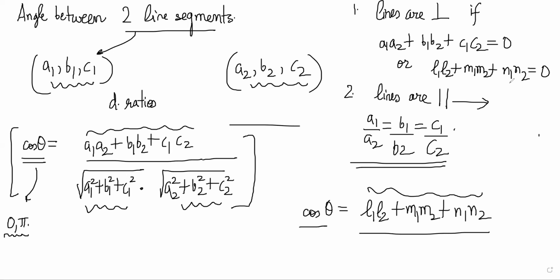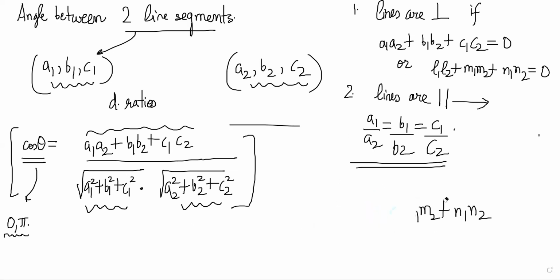Basically, all the direction ratios will become proportional. Lines are parallel. How do you prove that? This has been discussed in class for you, right? What is the proof for that? Sir, it's the same as writing l1 is equal to l2, m1 is equal to m2, and n1 is equal to n2.